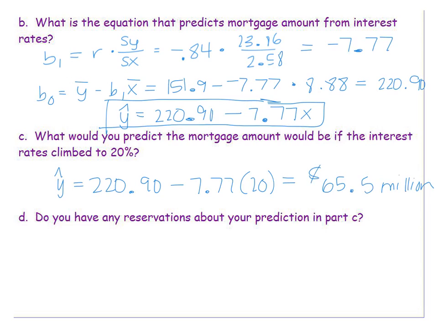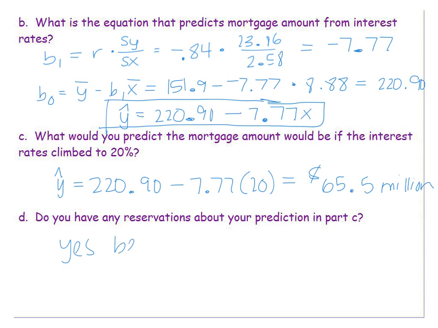Do we have any reservations about our prediction? This was the are we confident question. So the big thing is, is 20 within our range of data? And if you go back and you look at your graph, the interest rates went from 6 to 16. So that is off of our graph. So what we can say is, do we have any reservations?